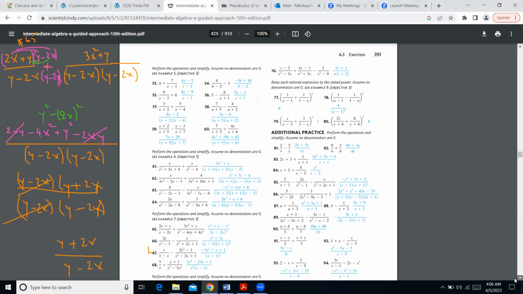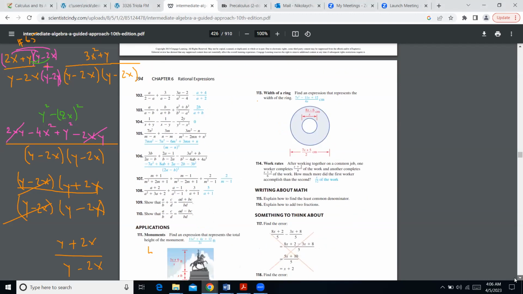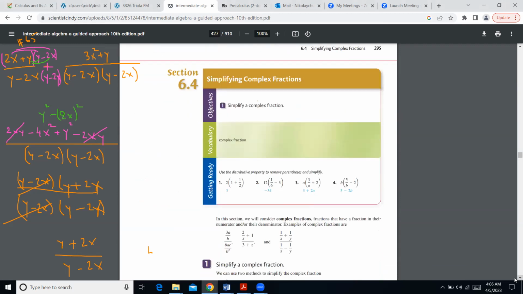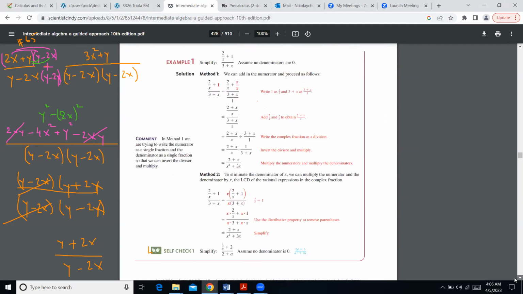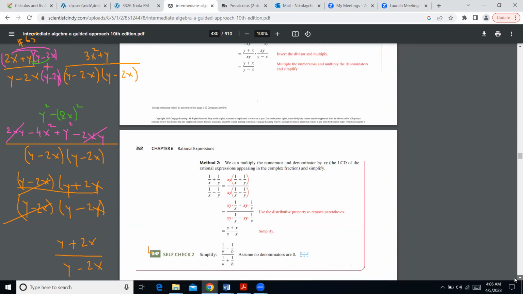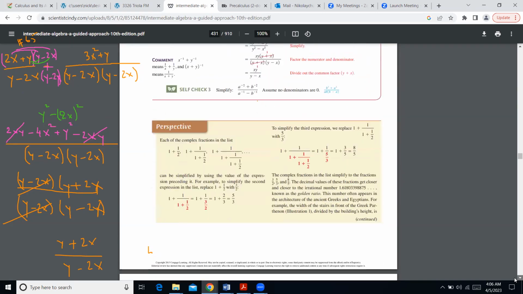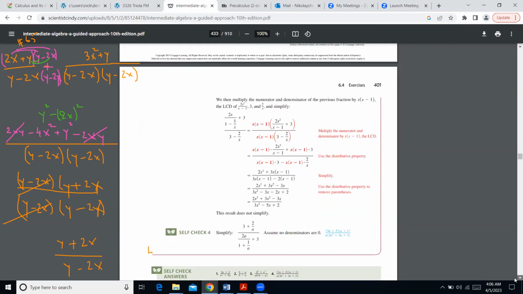So I'm going to move on to the next sections, and I skip section 6.4, so-called complex fractions, and move to solving equations. Equations is what is very popular in math classes.